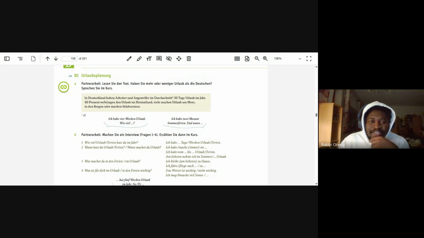So 40% verbringen den Urlaub im Heimatland. Das Heimatland. Das Land is the country. So das Heim, home. So homeland. They say a house and a home, but Heim is also home.